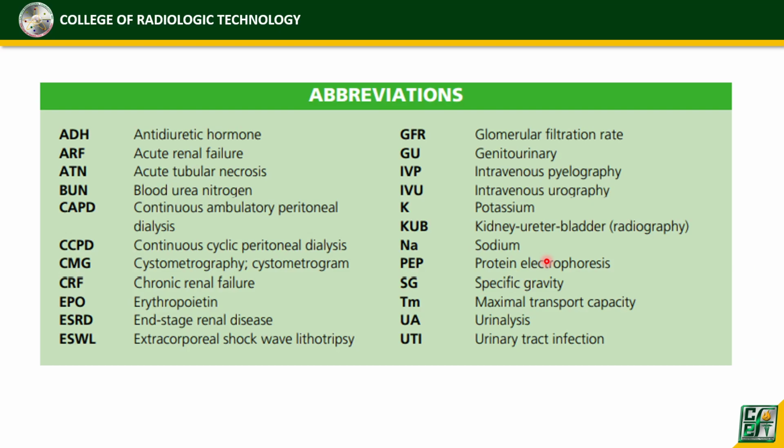Okay, for abbreviation, so ano yung mga importanteng dapat tandaan dito? We have the erythropoietin or EPO. We have the CRF, chronic renal failure. We have the BUN or blood urea nitrogen. It is also part of the laboratory testing of the blood.